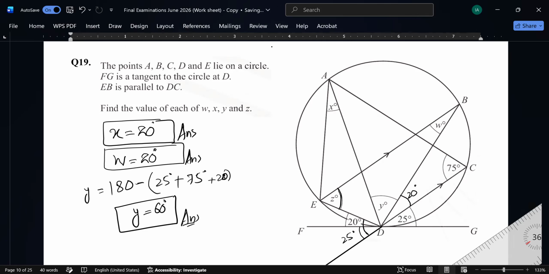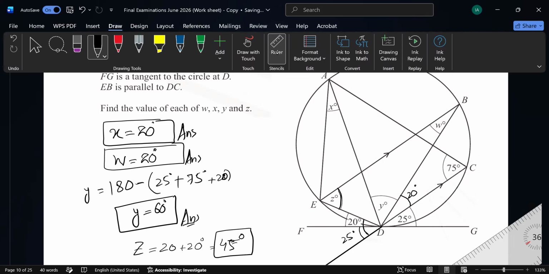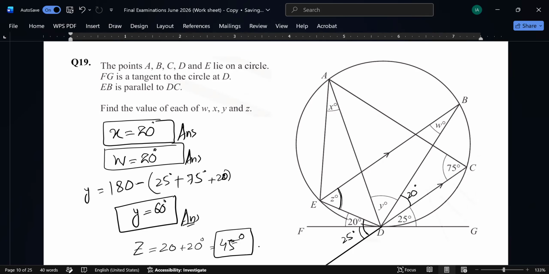It means to find z, we must add 20 and 25. This is the required value of z. This is how we can find the value of z. That's the last part of this diagram.